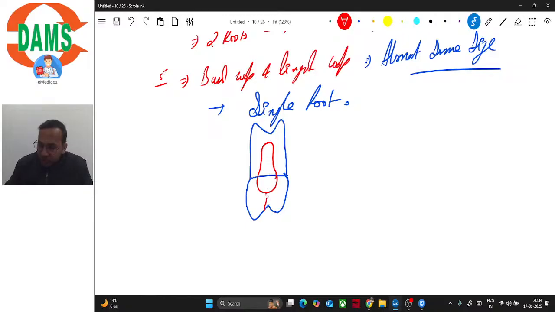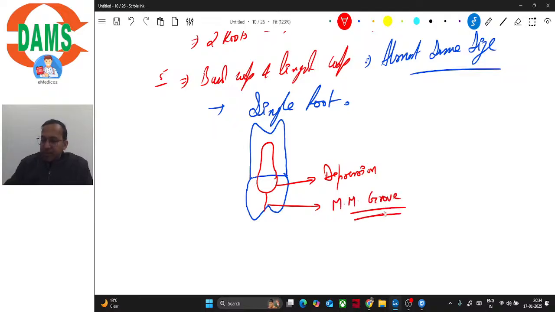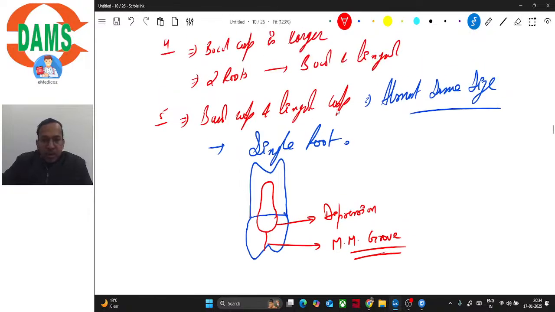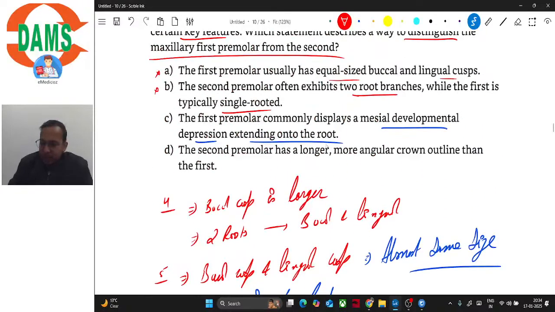And there is also a mesial margin which joins from the marginal ridge to this developmental depression, and this is the mesial marginal, isn't it? So option C is correct.